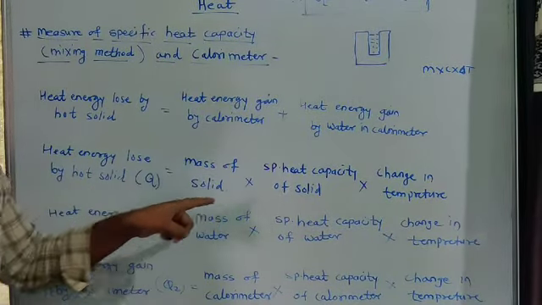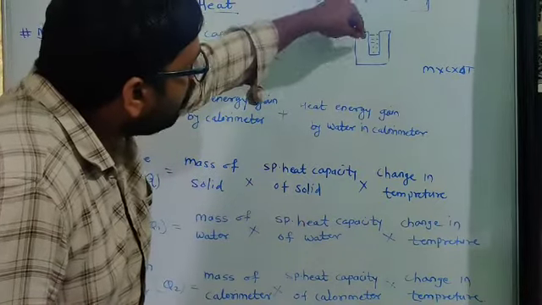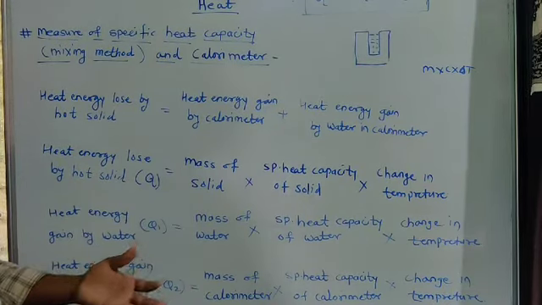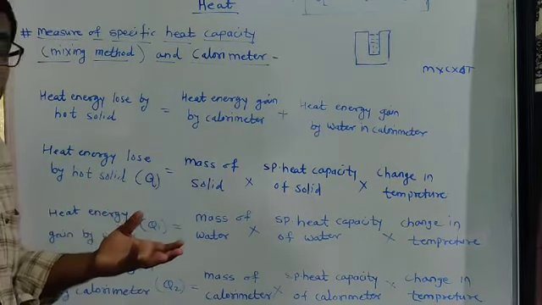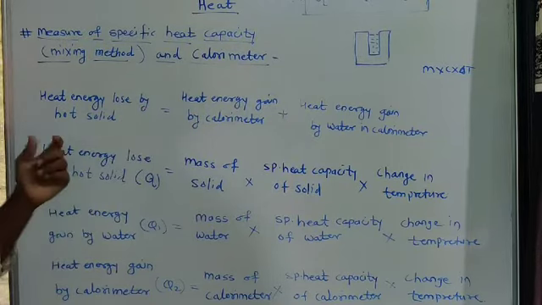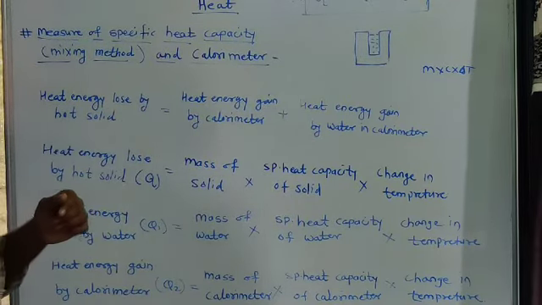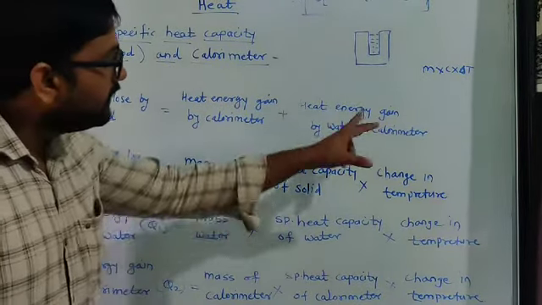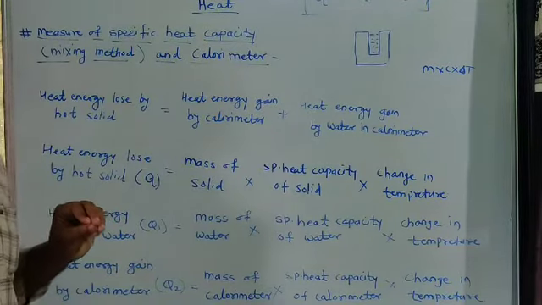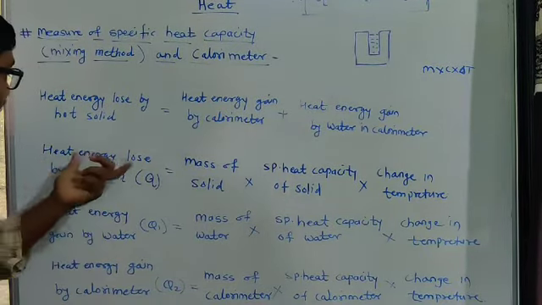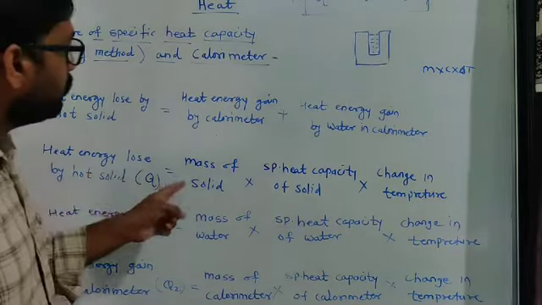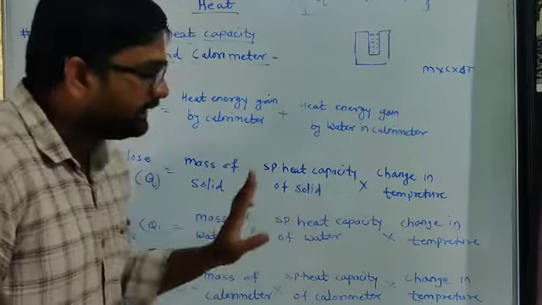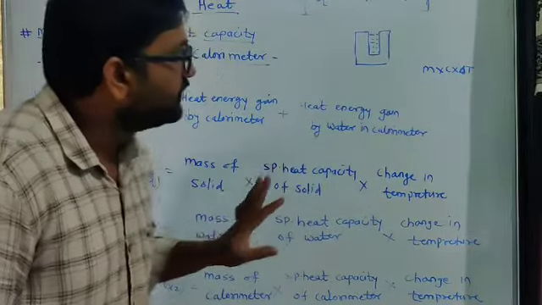When we place any hot object in this water, it will lose its heat energy. How much heat energy can it lose? That is given by this formula. Heat energy lost by the hot solid will be equal to heat energy gained by the calorimeter plus heat energy gained by water in the calorimeter. So heat energy lost by the hot solid will be equal to the mass of the solid m, specific heat capacity of the solid c, and change in temperature delta T.